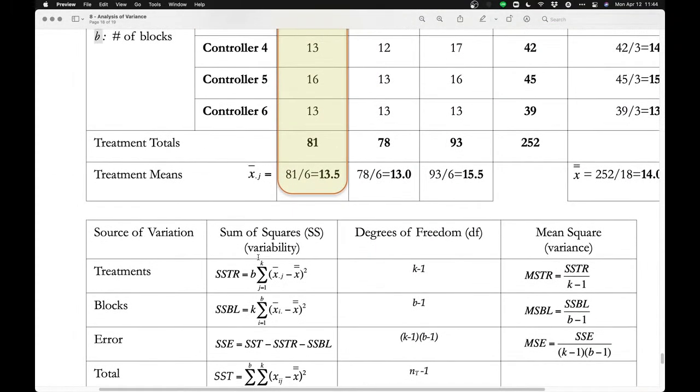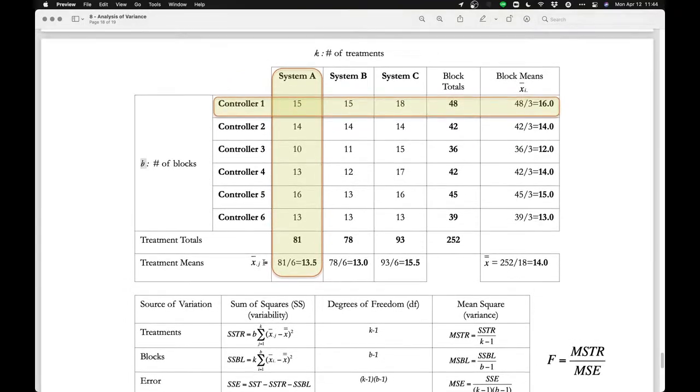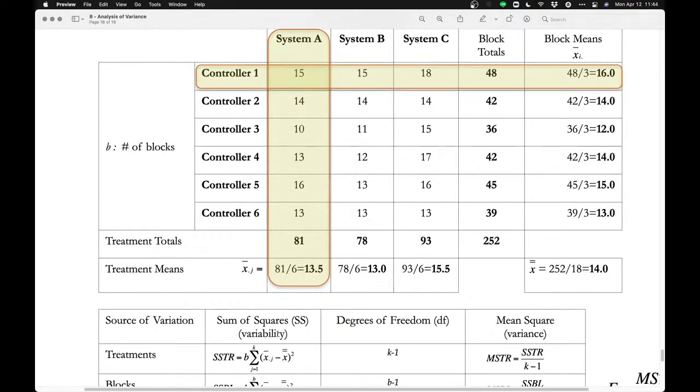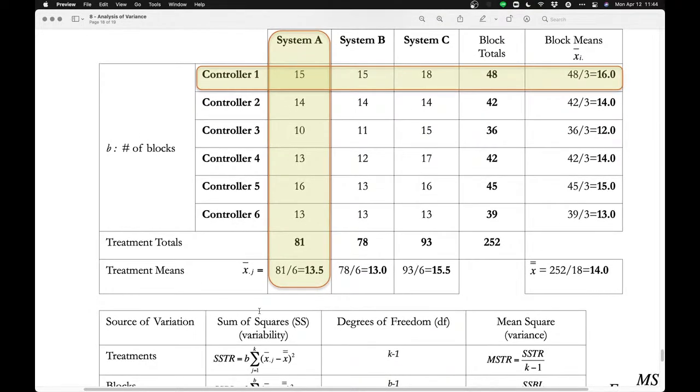And what we do is, to get the treatment variance, we look at x dot j. So j goes from 1 to k. So we're looking at the result of system A versus system B versus system C, right?